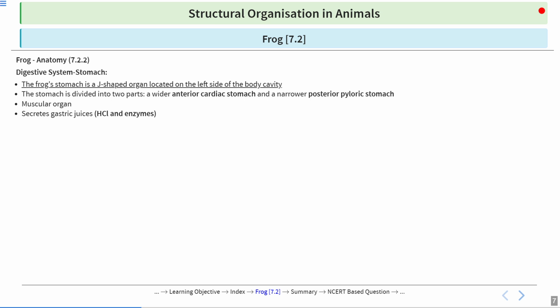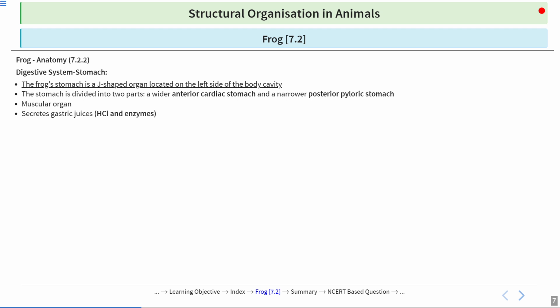Now, HCl is harmful to the stomach. So what protects the inner lining of the stomach? There is a secretion of mucus.